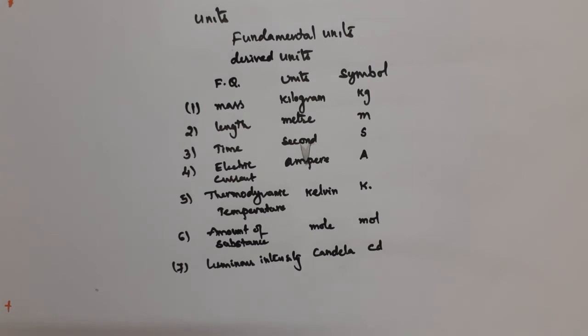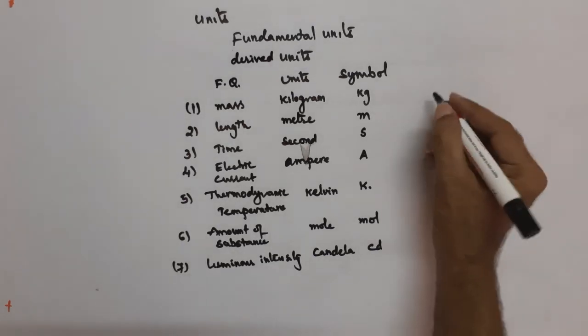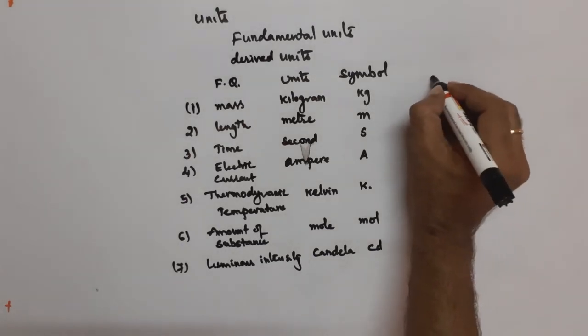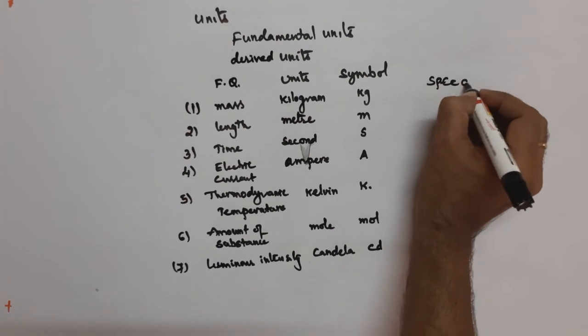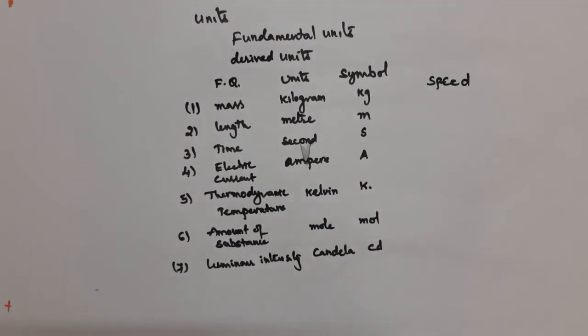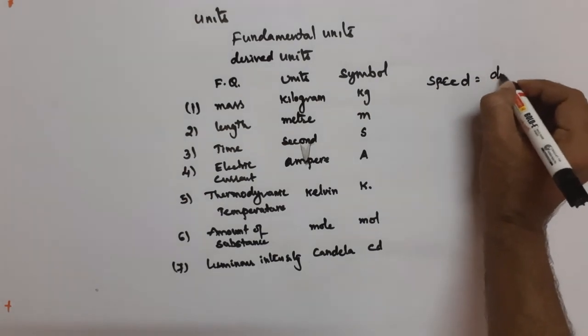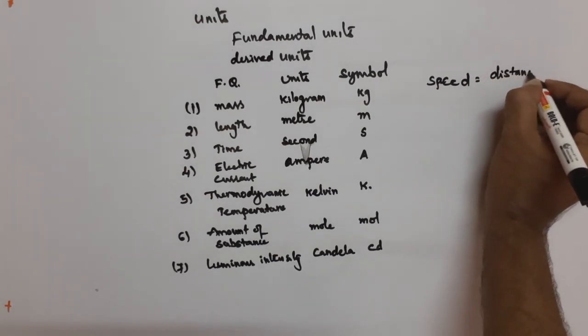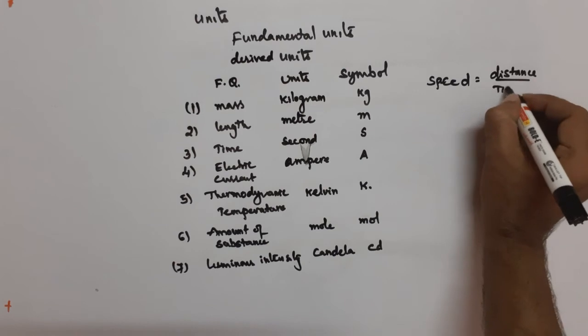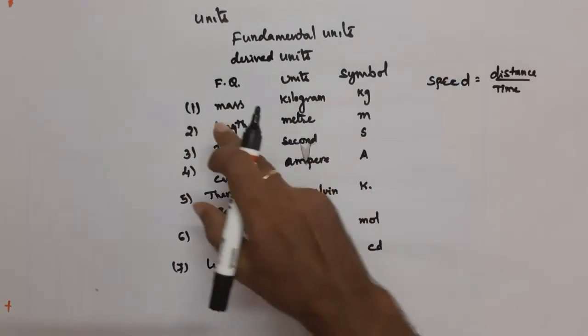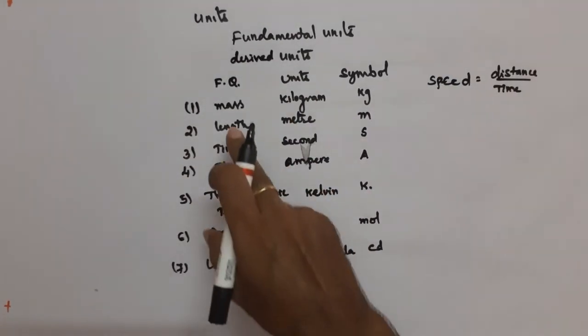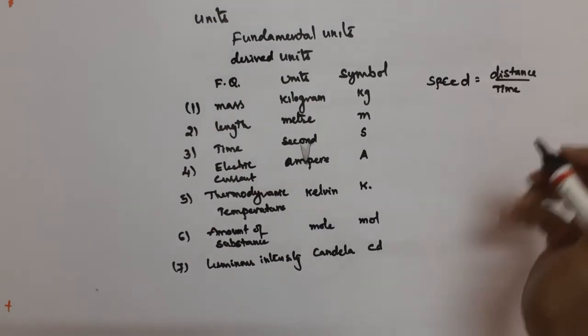And what about the derived quantities? For example, now I consider the speed. What are the units for this speed? Speed is defined as distance by time. Distance is nothing but length, a fundamental quantity.